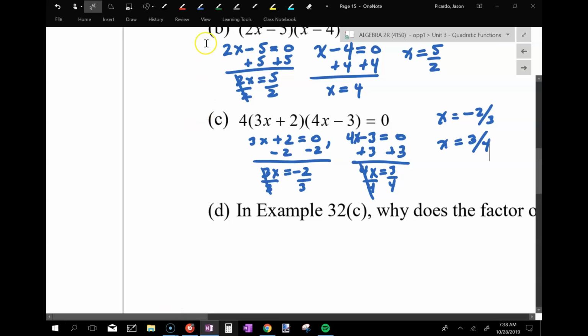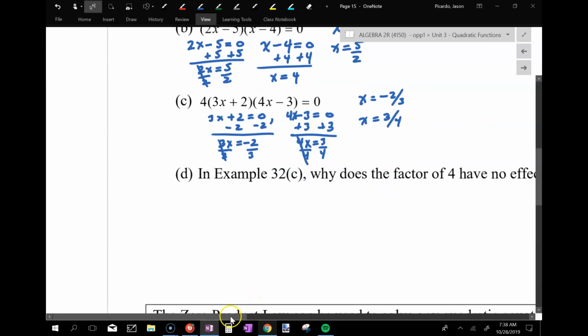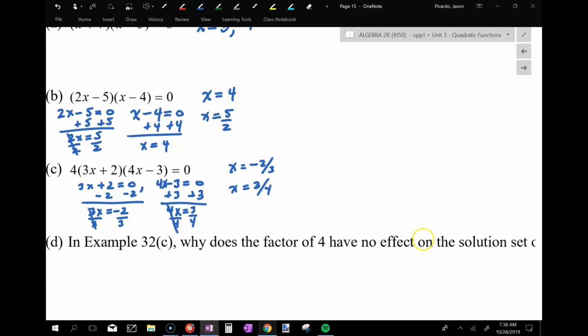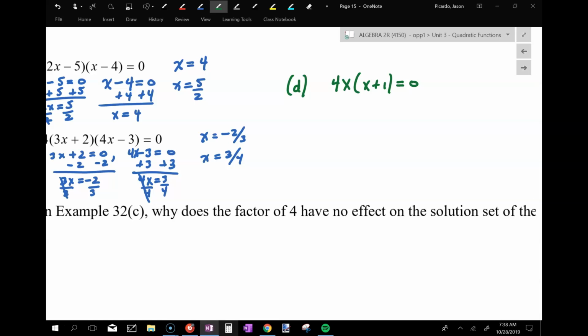I do want to add one example to this. And the example I want to add is this one. So just kind of off to the side, you should have a little bit of room. How many factors do I have here?